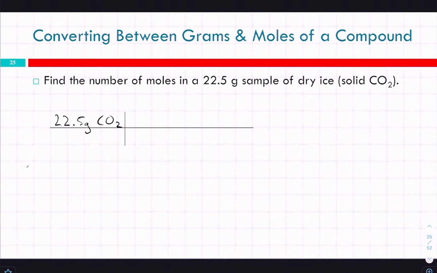So for this, we've got carbon and oxygen: 1 carbon atom, 2 oxygen atoms. The mass of carbon is 12.011, and oxygen is 15.9994.